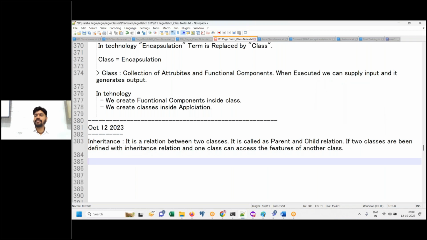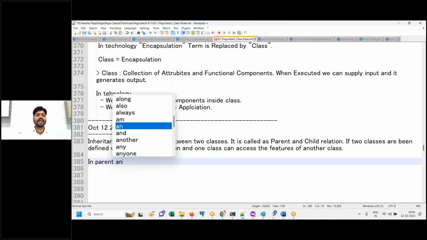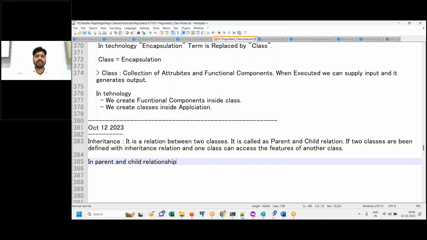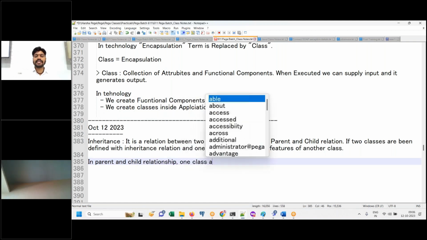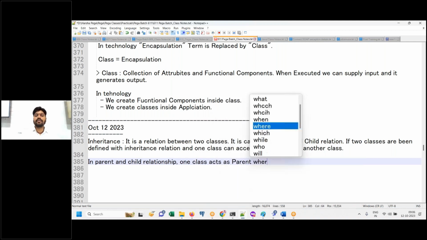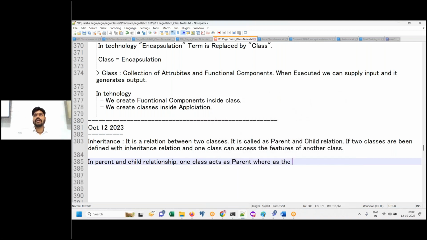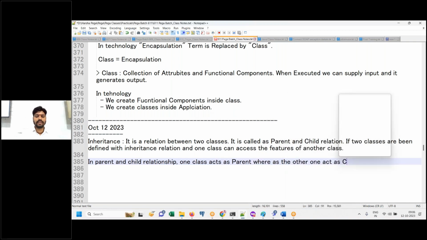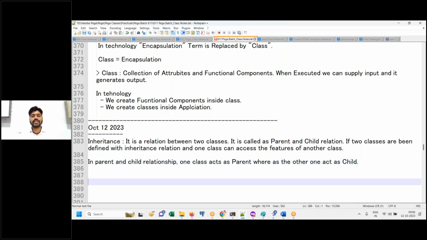I told you, it's a parent and child relationship. In a parent and child relationship, one class acts as parent, whereas the other one acts as child.